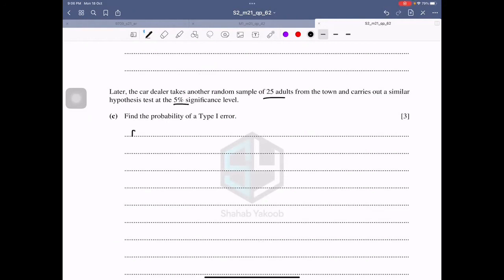Now, probability of type 1 error, reject H0 when H0 is true. I need to find the critical region for this binomial probability distribution hypothesis. Now, we know that we have already done some working, and that working is probability x is greater than or equal to 4, which is 1 minus probability x is less than or equal to 3, which is 13.5%.